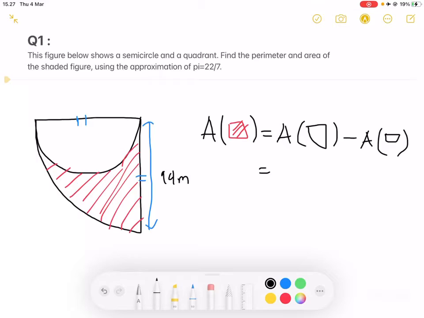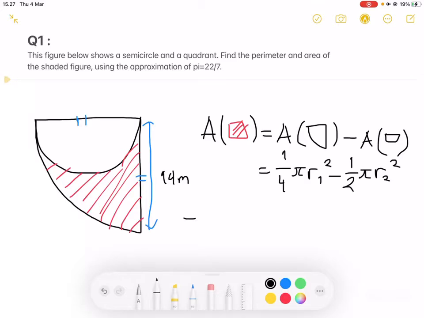However, since these are not perfect circles, and a quadrant or a quarter circle, as its name suggests, is a quarter of a circle, the area is a quarter of the original circle. In this case, I'm going to call this radius r1. And for the semicircle, it's half of the area of the whole circle, and I'm going to call the radius of the semicircle r2.